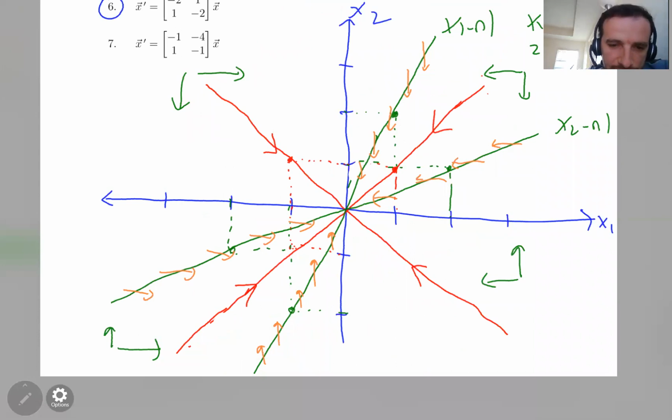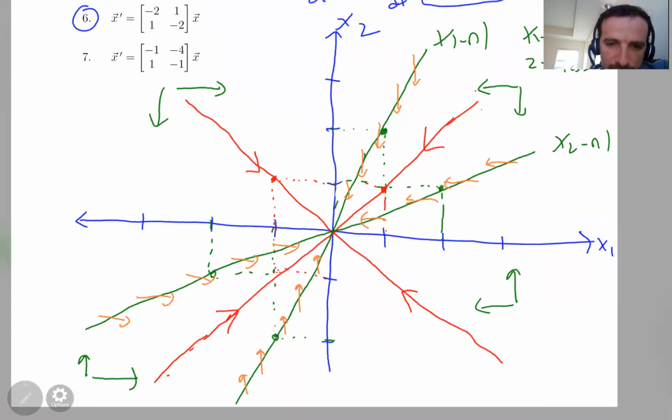If you look, here arrows are getting smaller and going through the origin. This is the equilibrium, whenever the x1 and x2 null lines intersect.